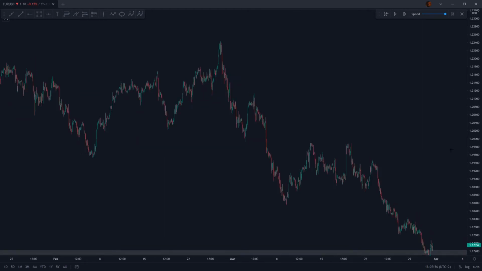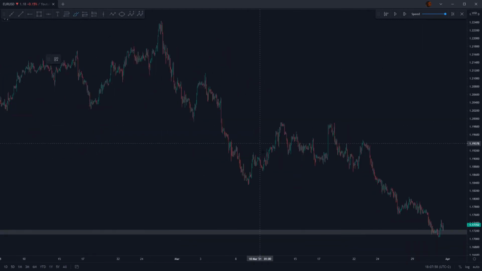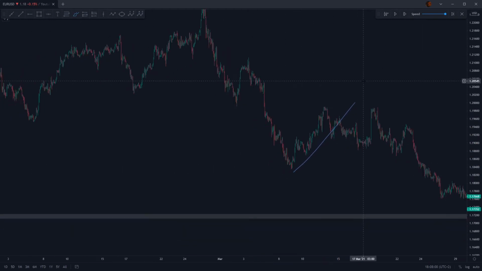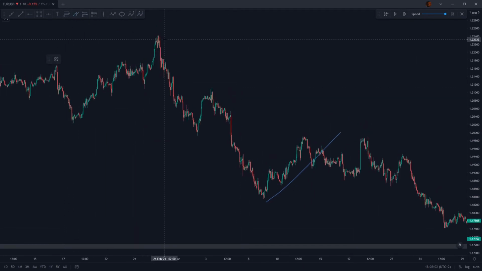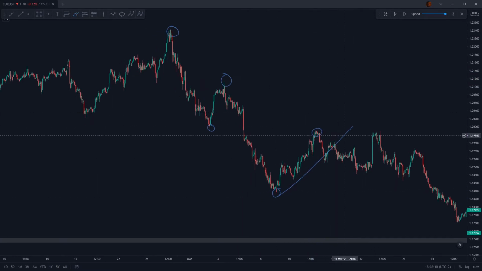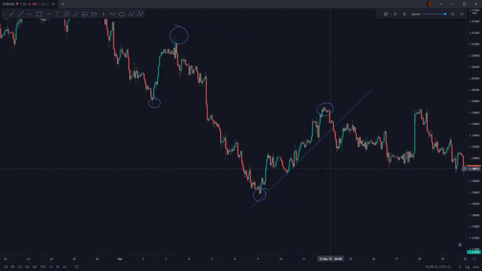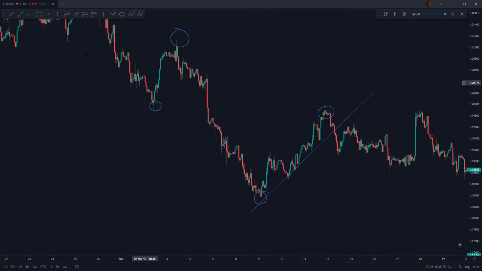To show you how this looks, over here we had the 4-hour downtrend with our high, our low, our high, our lower low, and our lower high. What can we then see? We had this mini uptrend on the 1-hour time frame, which was a 4-hour pullback. Why was this an uptrend?